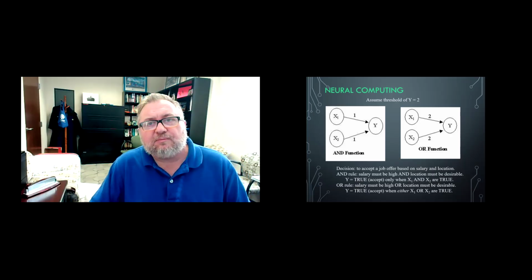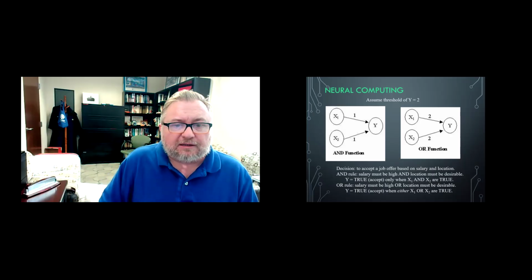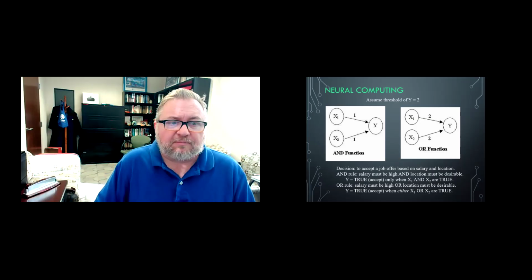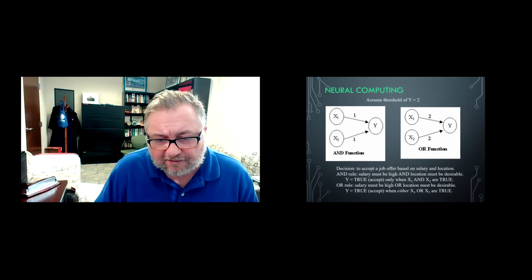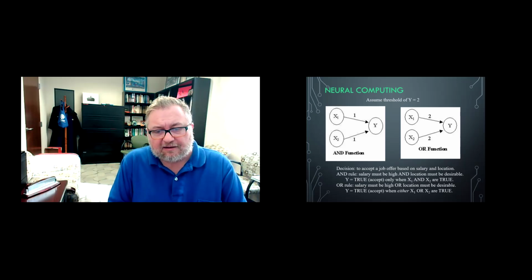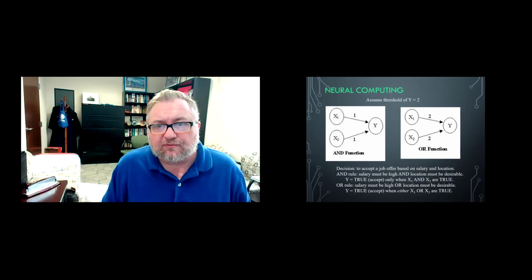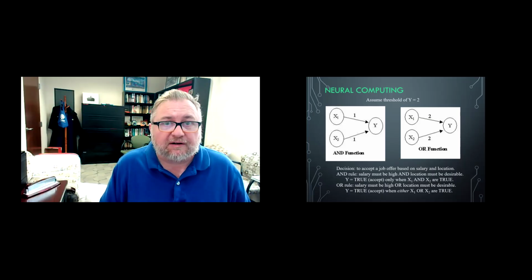And this is how we want to think about this now. We want to think about true and false statements here. So if Y is true, which means it's firing an action potential, that means X1 is true and X2 is true. So down here in text at the bottom, I have created a regular natural language version of a decision-making function that requires an AND.